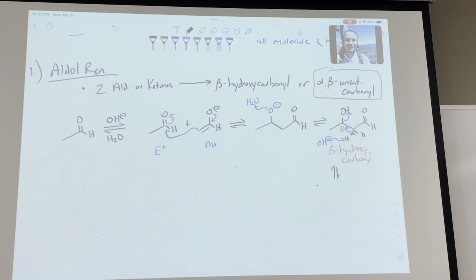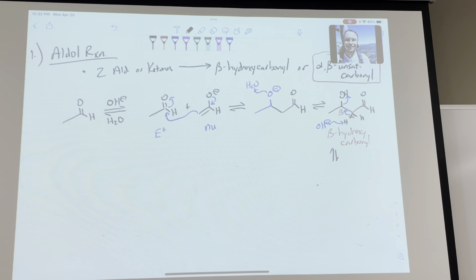So usually what you end up isolating from an aldol is that, which would be the alpha beta unsaturated carbonyl compound. Alright.